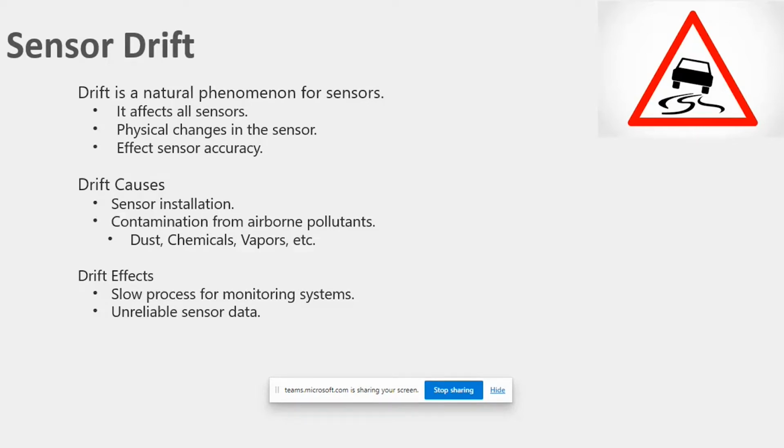What are the causes? There are a lot of causes which create drift in the sensors, such as during sensor installation. If you are installing a sensor, you can press it too hard, and it can be affected, because these are very sensitive.